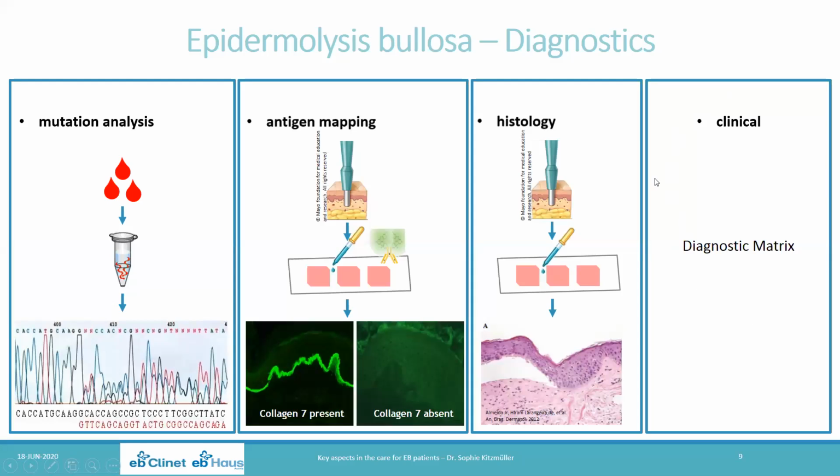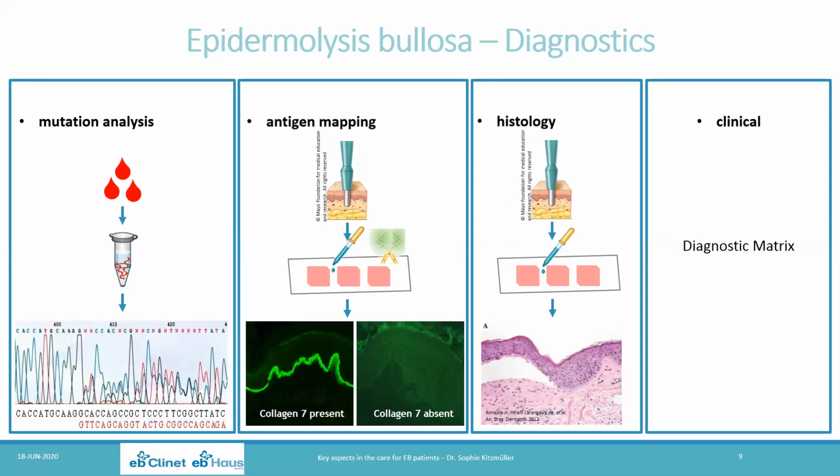Clinical evaluation of the presentation of the patient can be supplemented with histology, so simple H&E staining, although this sometimes might give you only a slight hint of what the subtype can be, but often is not really sufficient to give a clear answer.